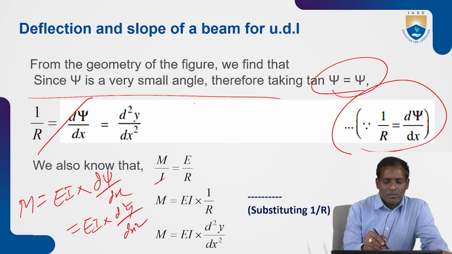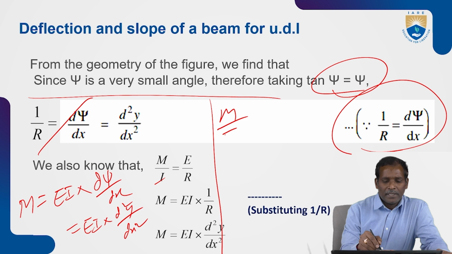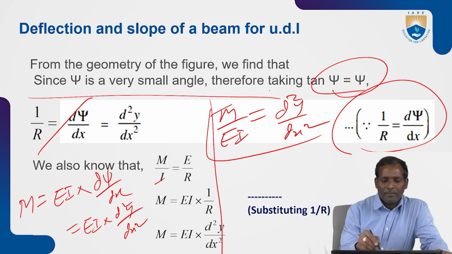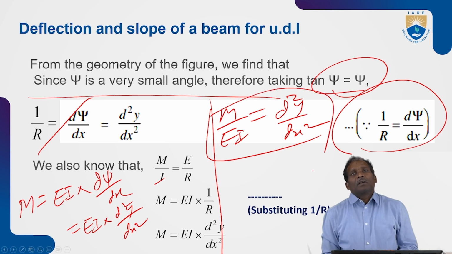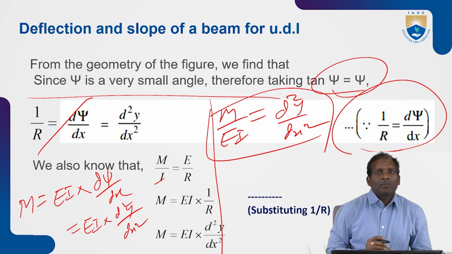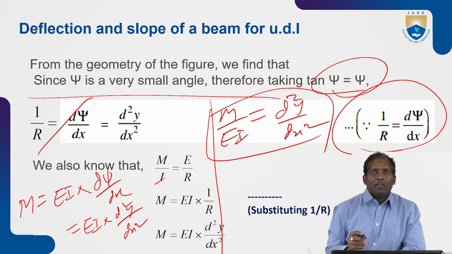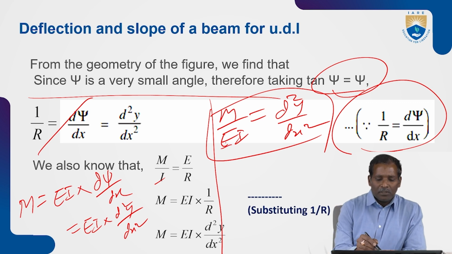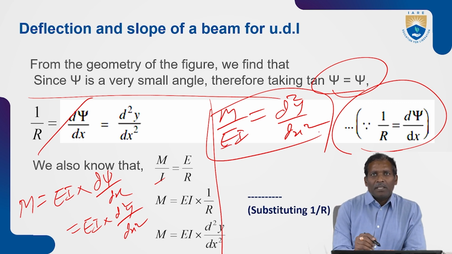So now you can write M by EI is equal to d square y by dx square.